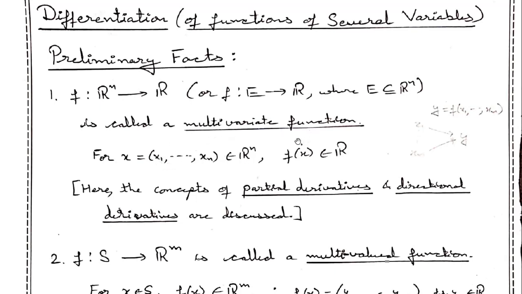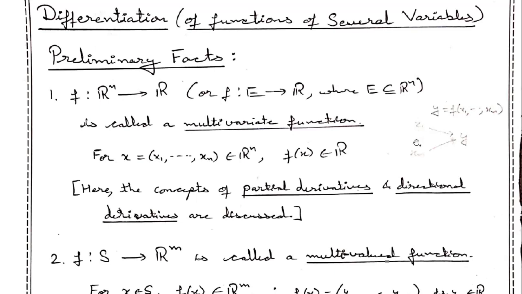In that case, f(x) belongs to R because we are considering a function f from Rn to R. So domain points have n components, n variables, and the function image has only one real value. In that case, we say it is a multivariate function.